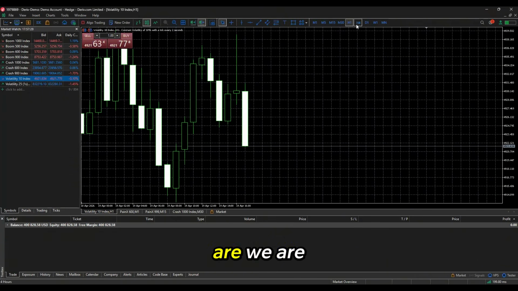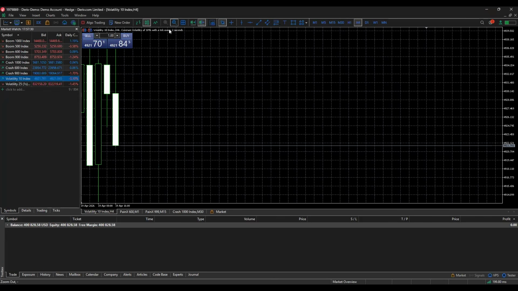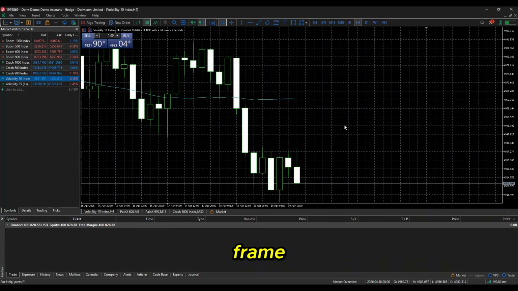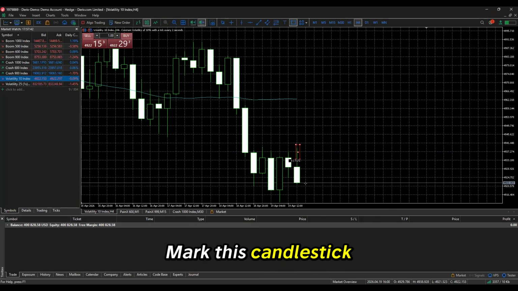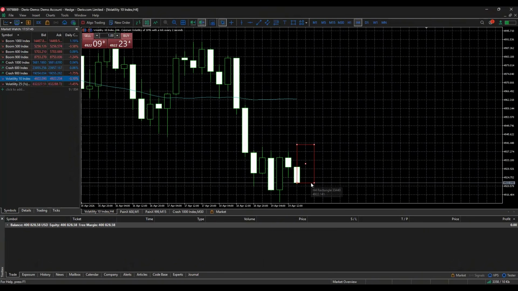Let's say we are on H4 as our time frame. I think we can all see here we are on H4. If we are on H4 and we decide to mark this candlestick, all right, before I proceed, I forgot to tell you something.